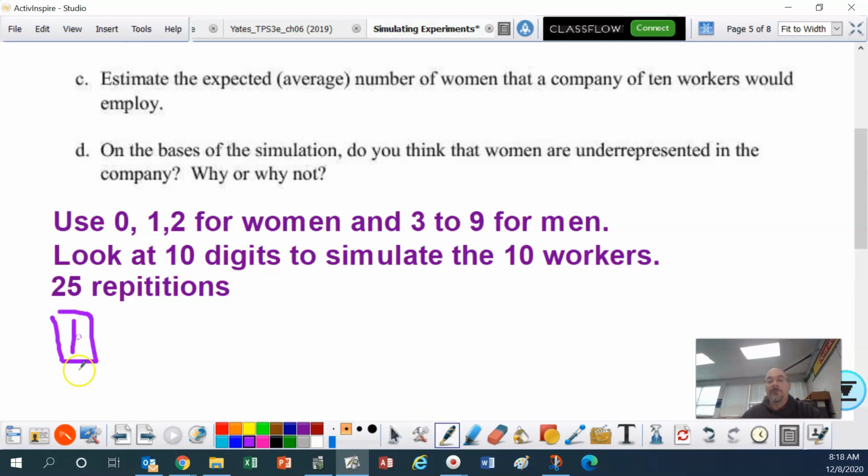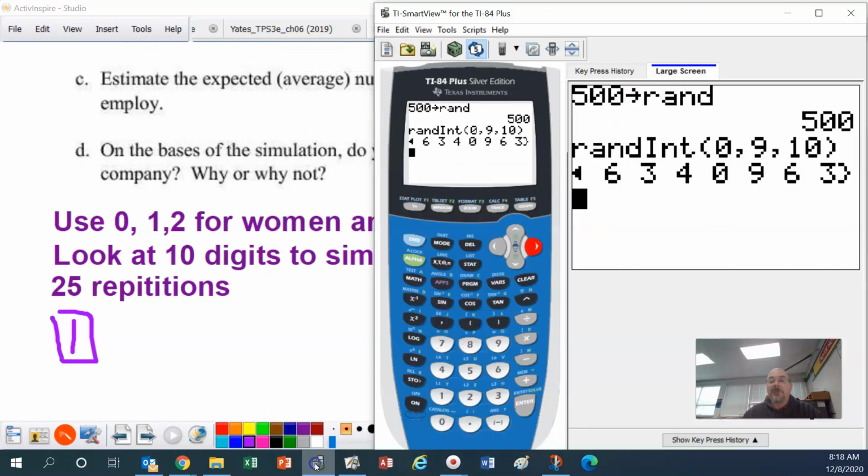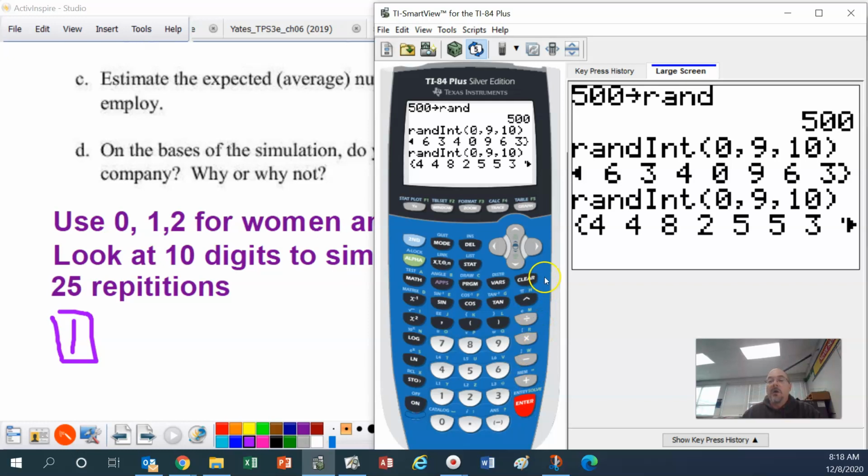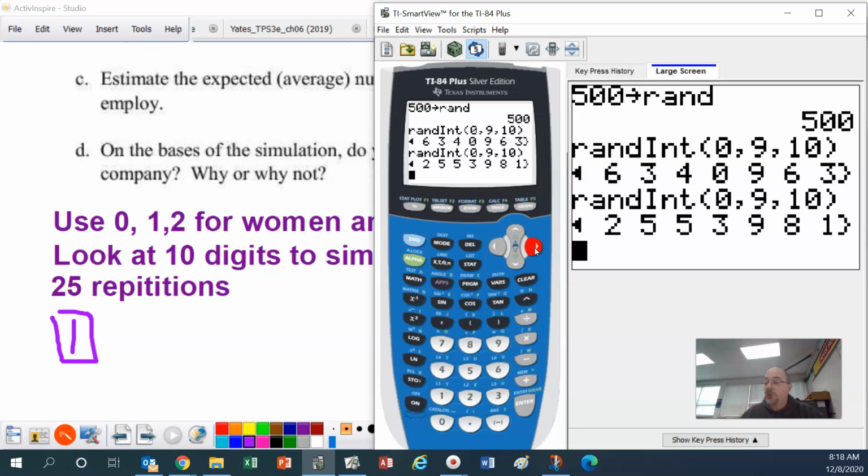That was my first one. Now all you have to do is hit enter for the next one. When I count this one, I look for 0, 1, 2. I notice that there are just 2 women. So I'm going to write that down, 2 women.